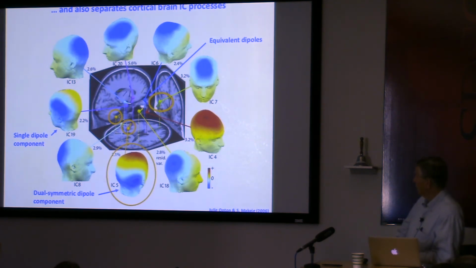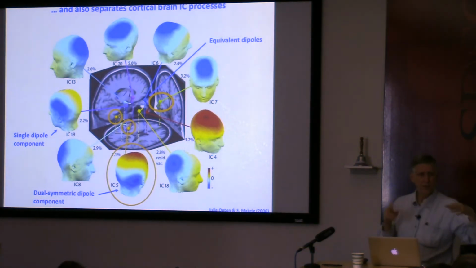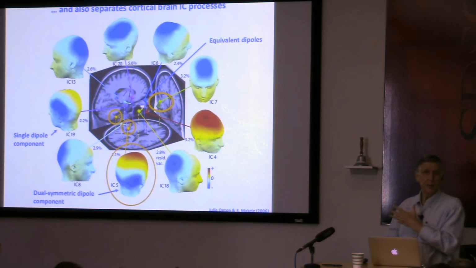And then you can monitor a whole variety of specific cortical processes and their differences trial to trial. So you can look at network dynamics.